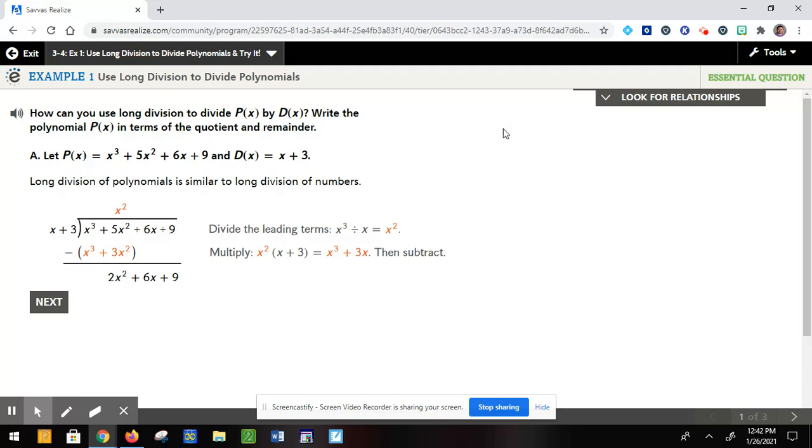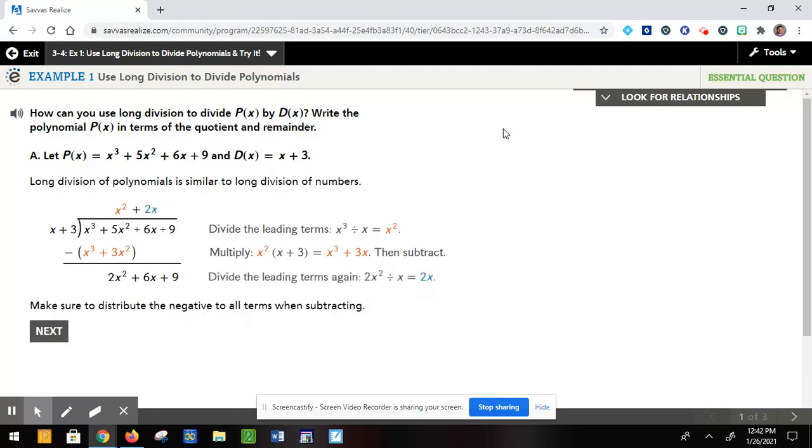It's specifically not subtracting that 3x squared, seeing the plus and just doing 5x squared plus 3x squared, getting 8x squared there. So again, make sure you're subtracting; putting parentheses around what you're subtracting will go a long way to reminding you to do that. Then you bring down the other terms, and then you repeat the whole process again. So it's that same cycle.